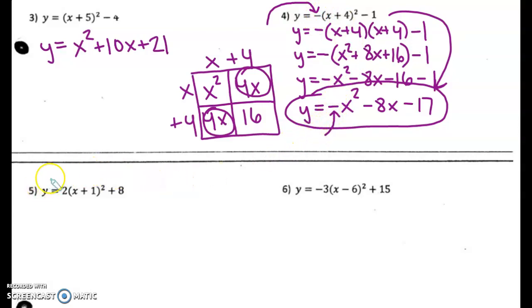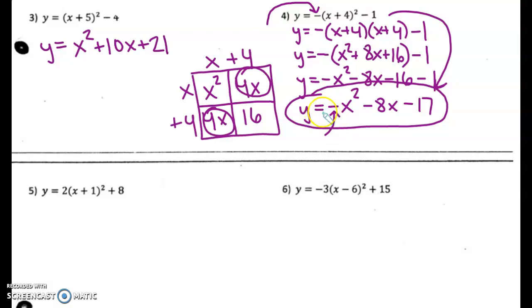So look at number 5. Number 5 has a positive 2. Do you think it's any different process like this negative? No, it's the same process. Instead of multiplying out a negative, you just multiply everything through with a positive 2.